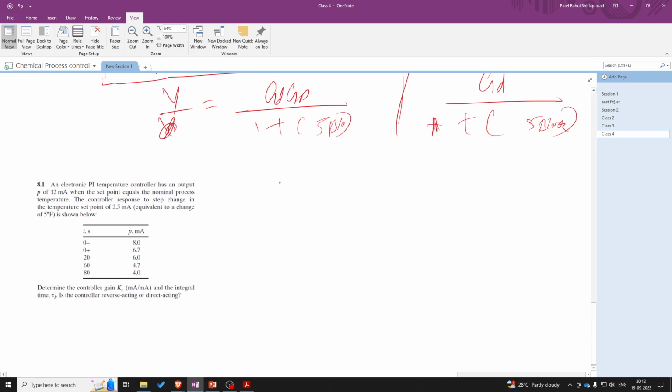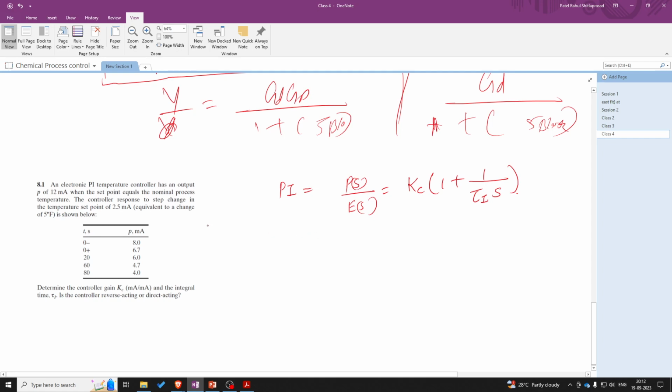We have been given a PI controller. For a PI controller, we know that the transfer function P(s) upon E(s) is equal to Kc into 1 plus 1 upon tau I s. This is what we are given.